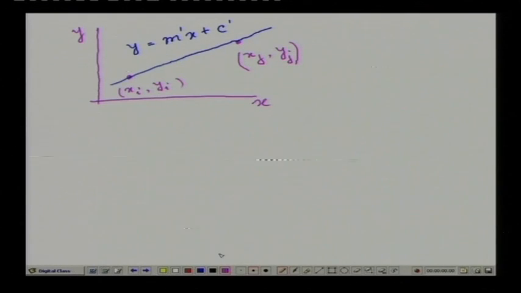Now, as we have seen earlier, a point in the x y plane is mapped to a straight line in the MC plane, or in the parameter space. So, here, since we have 2 points in the x y plane, they will be mapped to 2 different straight lines in the MC plane. So, if I find the mapping in the MC plane, it will be something like this.